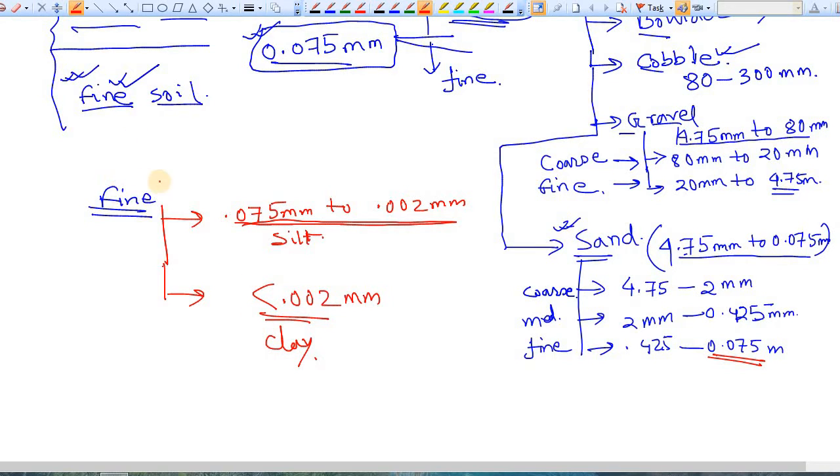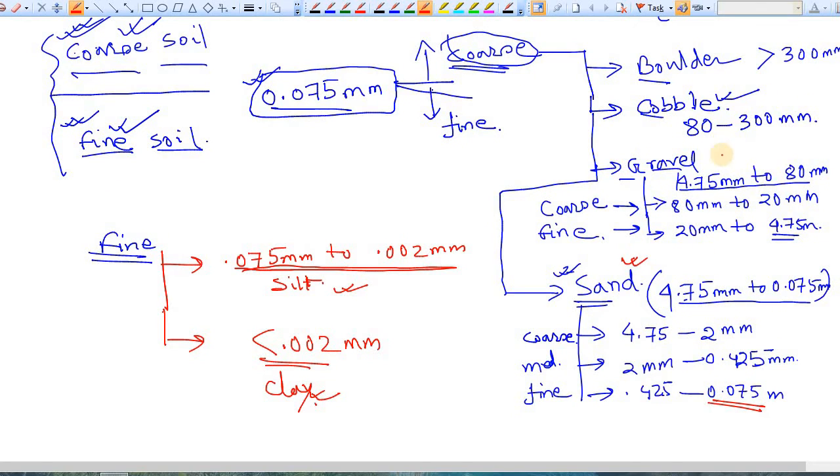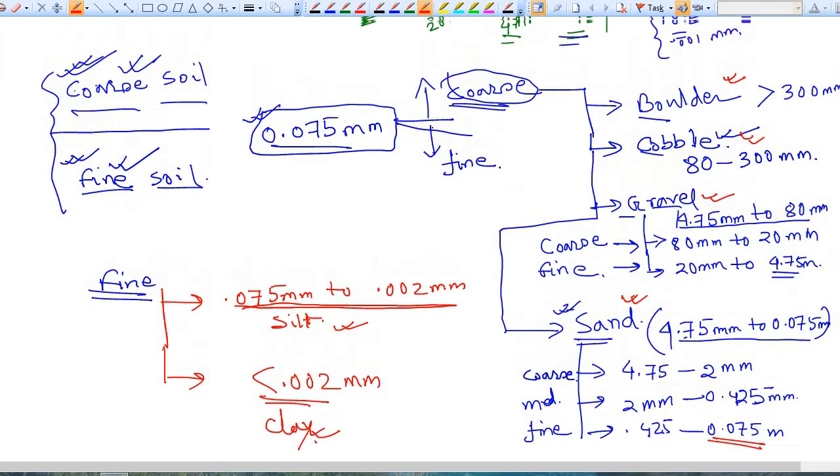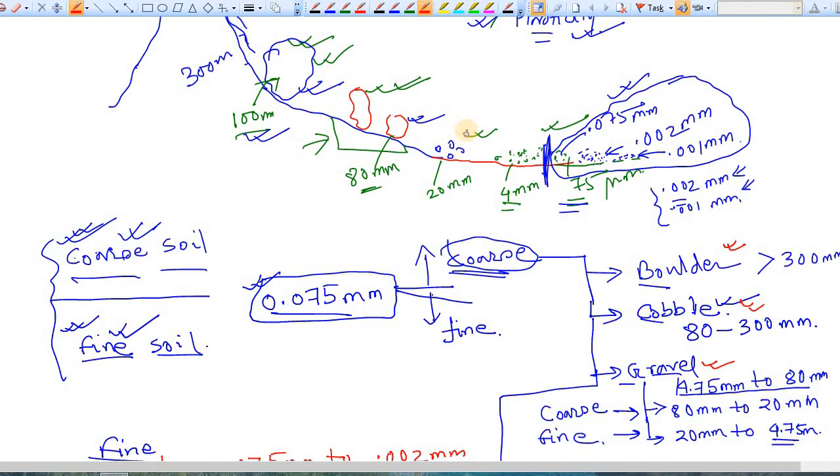So in fine you have two, silt and clay, and in coarse you have four: sand, gravel, cobble and boulder.